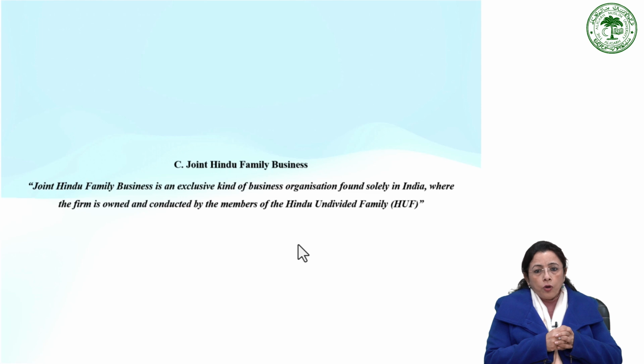Hindu law governs this type, where the eldest member, who is called the Karta, or the patriarch of the family, exercises authority over the whole business. Membership in this type of business organization is decided only by lineage in a certain family.